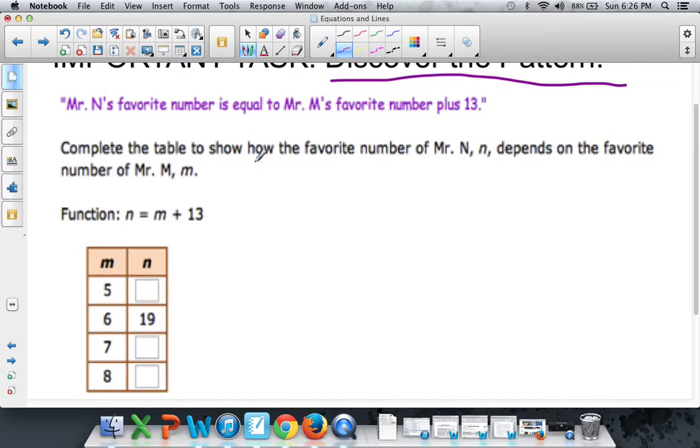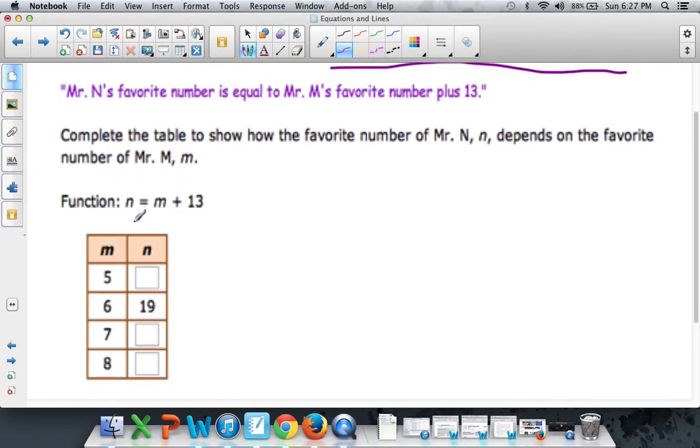Complete the table to show how the favorite number of Mr. N depends on the favorite number of Mr. M. That's a lot if you just read it and you read the words, but they don't mean anything to you. Instead, just take a look at this table. This equation right here, it's equal to what they said in this sentence right here.